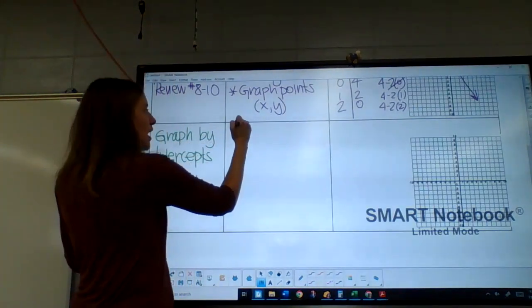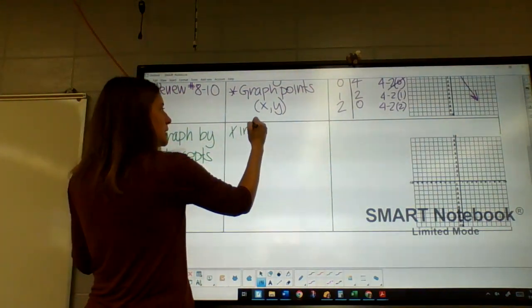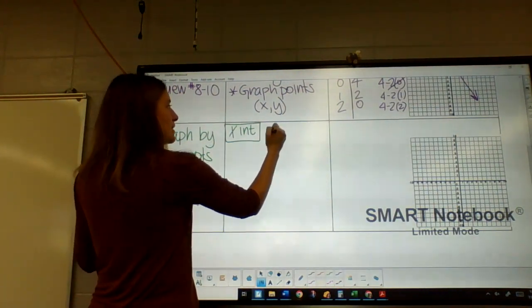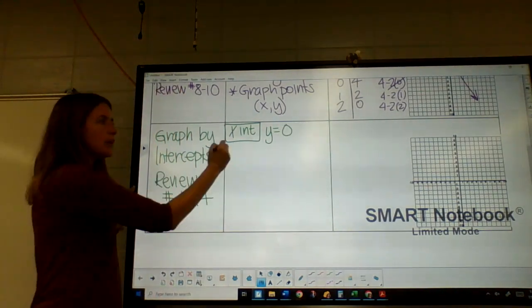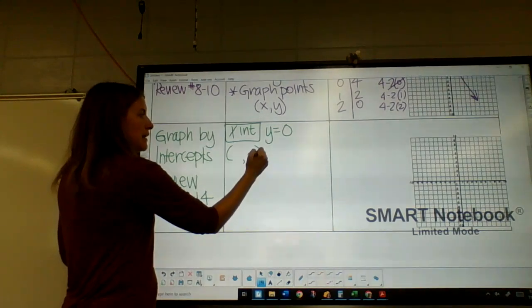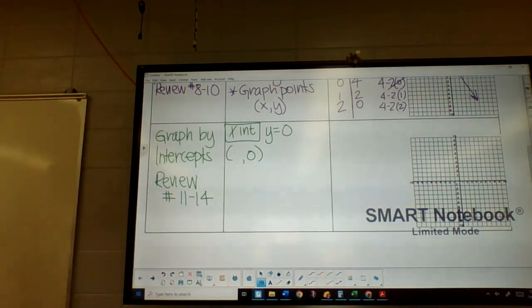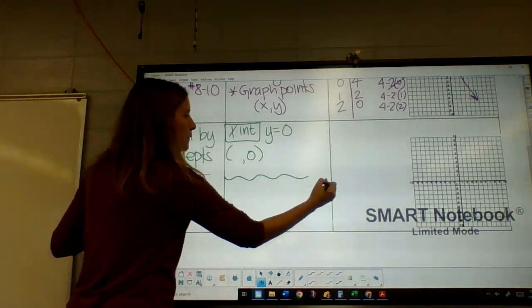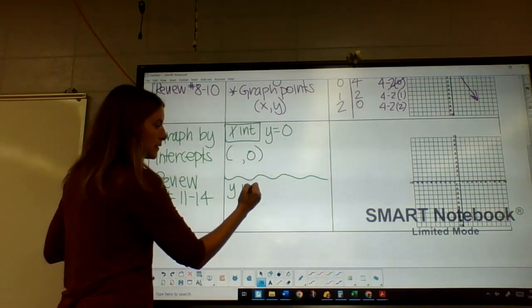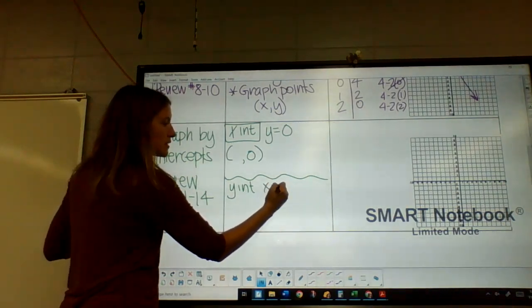This is where we talked about the x-intercept is where y is always 0. So in that case, I have a coordinate point that's something comma 0. And then there's also a y-intercept where x is always 0.